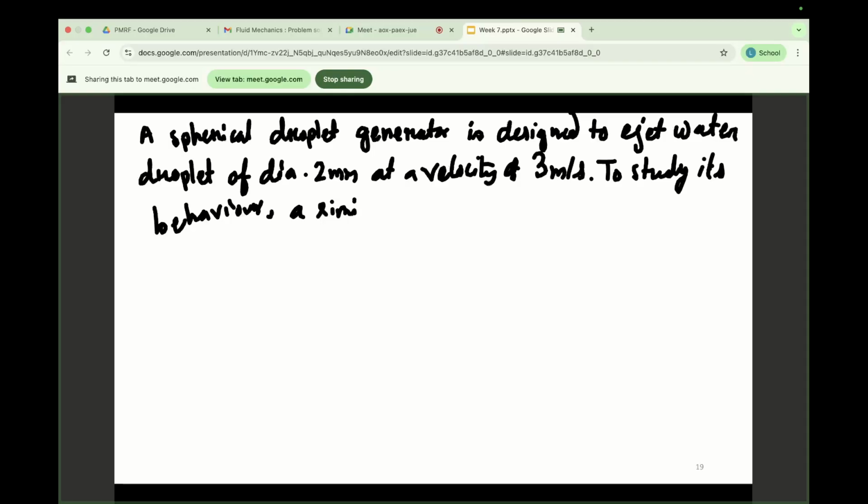A similar model is built at 1:10 scale. So that is given.